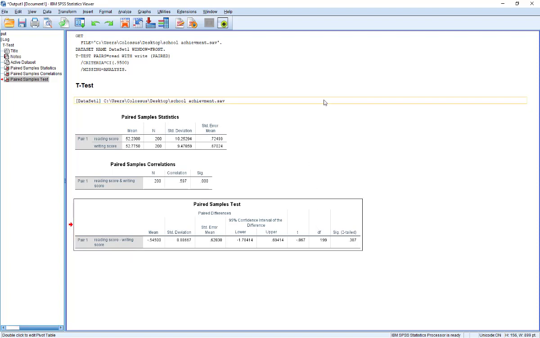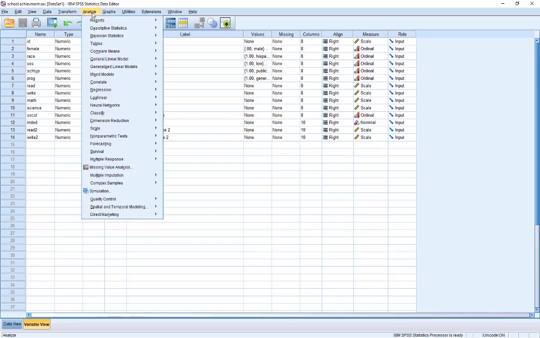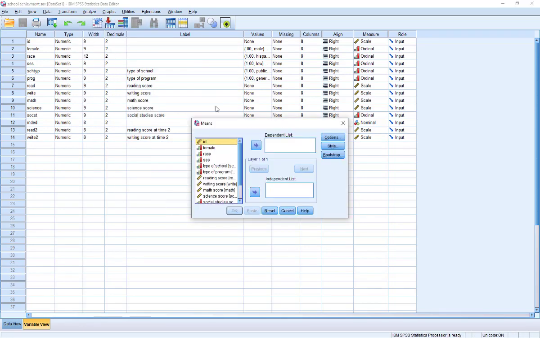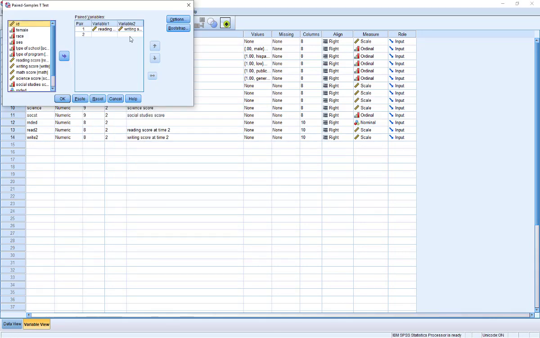Now, I'm going to close this, and we're going to run one more dependent samples t-test here. And this time, sorry about that, I'm going to reset this, and I'm going to go with the reading at time 1 and the reading at time 2.